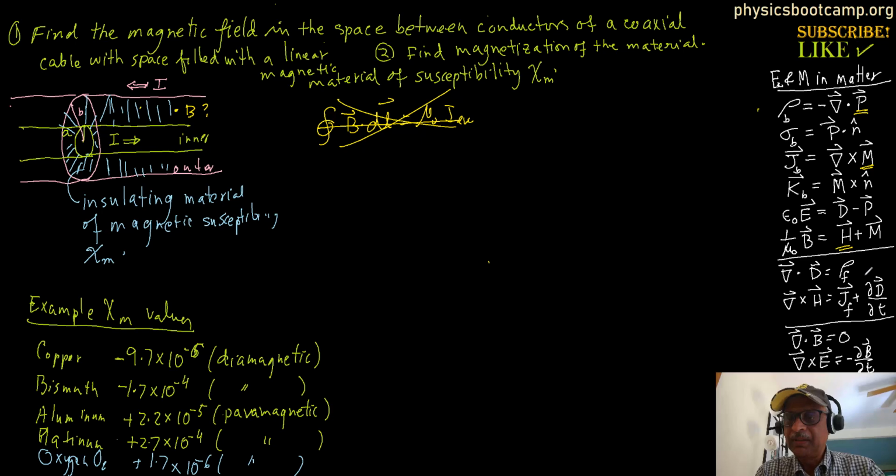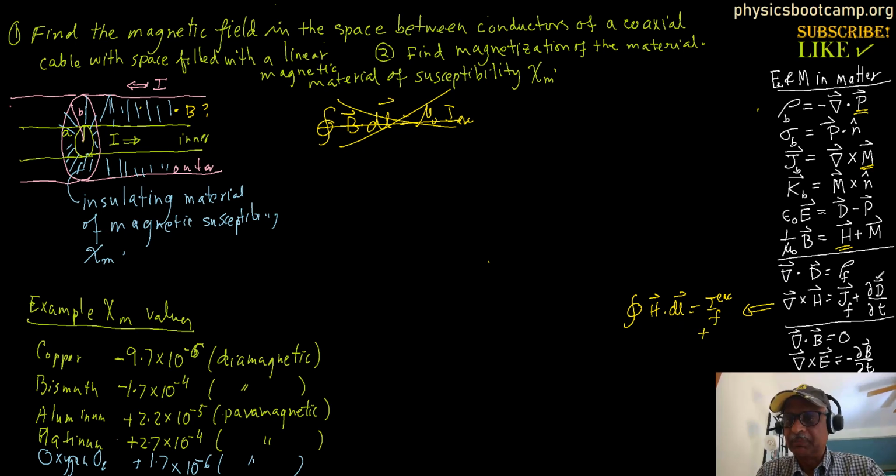When you work out the formula, instead of B dot dl, this becomes the integral of H dot dl equals the freely flowing current only, enclosed. Instead of mu naught, there is no such thing anymore, because that's taken into account by bringing mu naught over here.